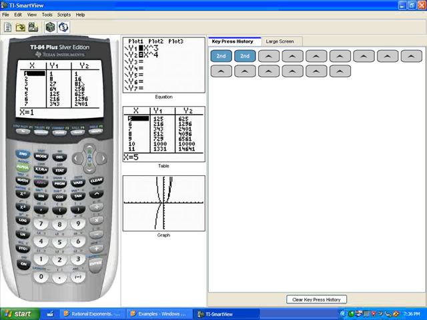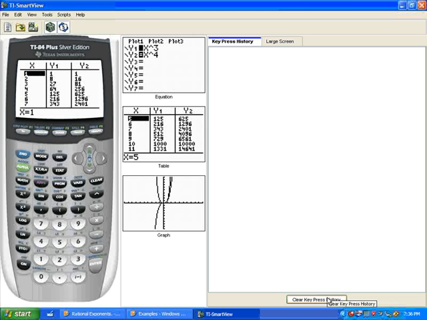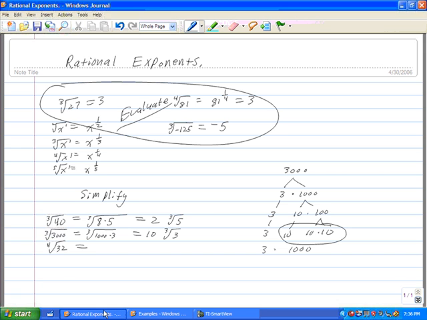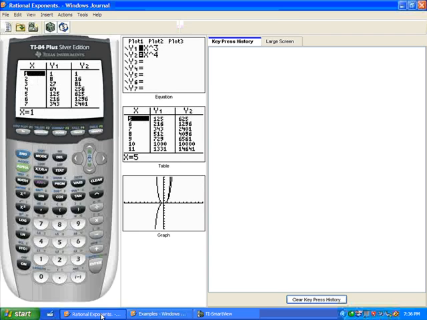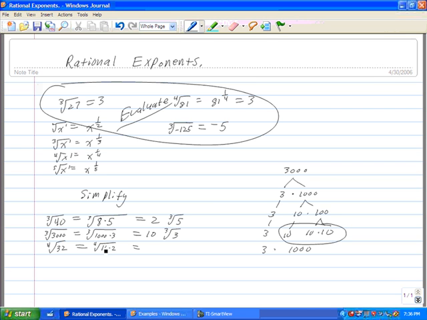There it is, 16. So we're going to break this apart into the fourth root of 16 times 2. And as we can see, the fourth root of 16 is 2. So this becomes 2 times the fourth root of 2. And that's your simplification process with constants.